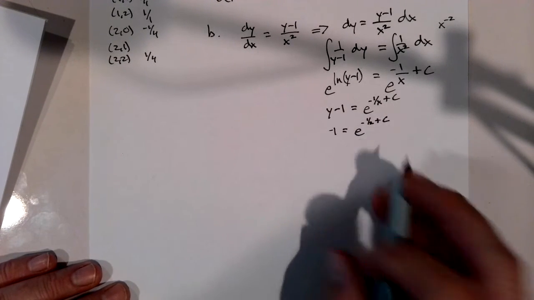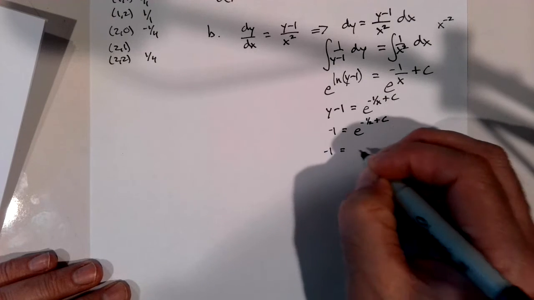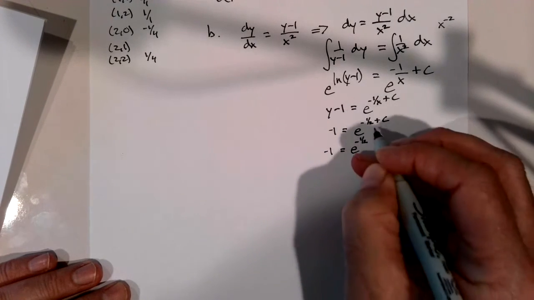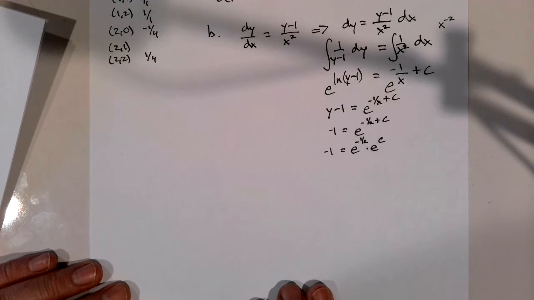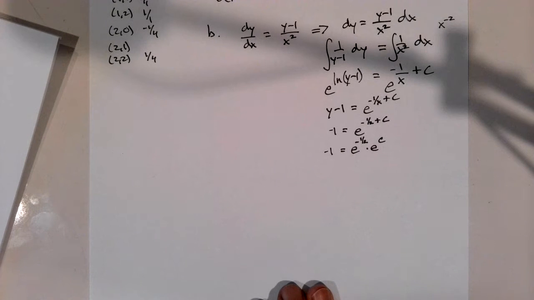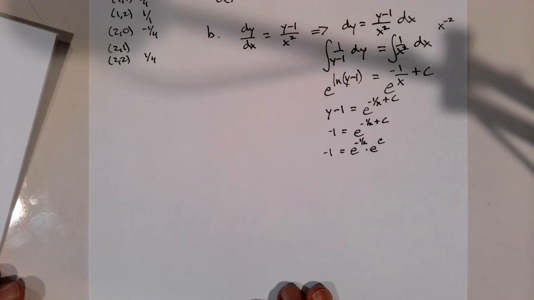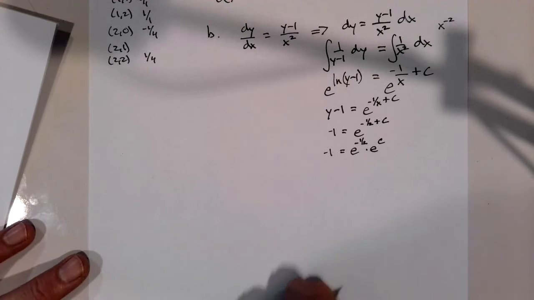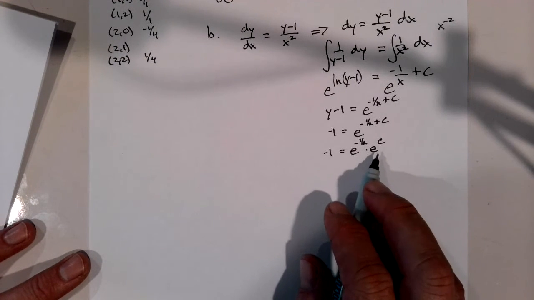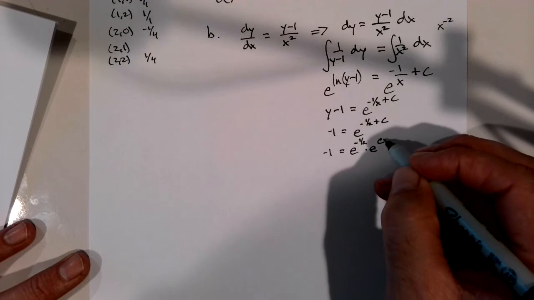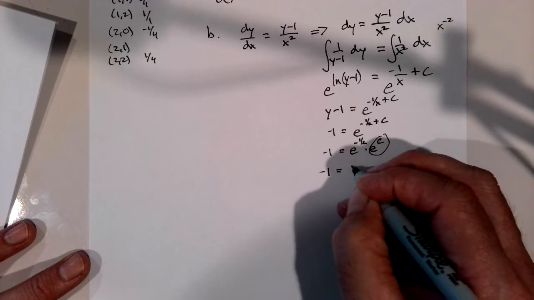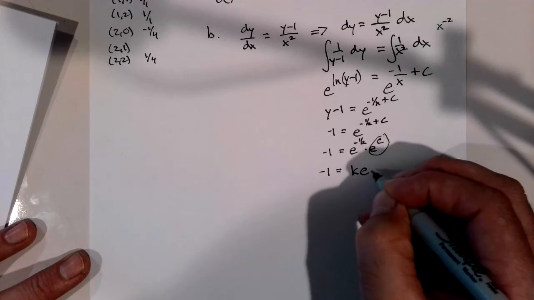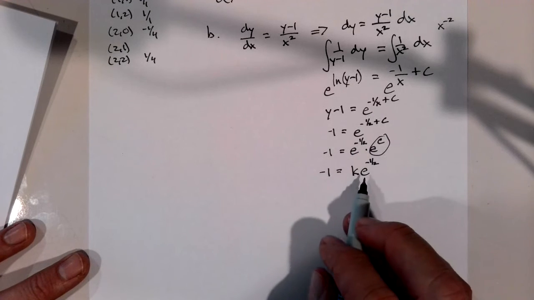You could rewrite this as -1 is equal to e to the -1/2, and that plus is the same as multiplying by the same base, e to some constant. e to some constant is just some value. We'll call it k. So negative 1 is equal to k times e to the negative 1/2 power.